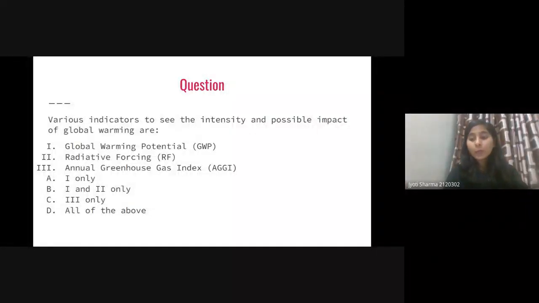Okay, so right now we have some questions about global warming, because we have covered ozone layer depletion. We have some indicators to see the intensity and possible impact of global warming, and you have to tell me what indicators we are talking about by which we can measure the intensity and possible impact of global warming.